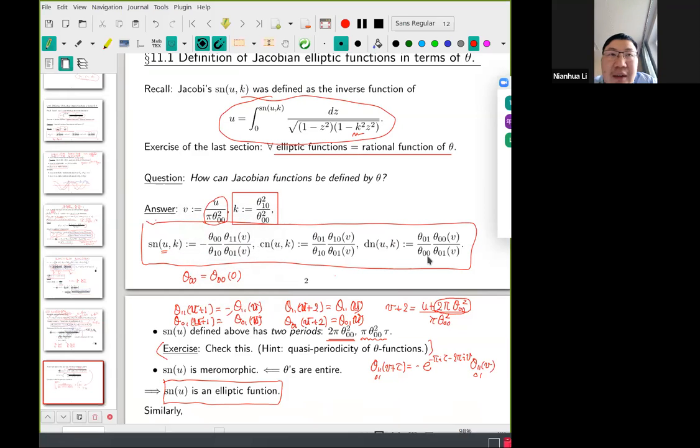I see that in here you just consider the Jacobi elliptic functions on R, just on R, but the title of your PDF files is the complex Jacobi elliptic function, and how to extend it to the complex plane, just using the theta function?